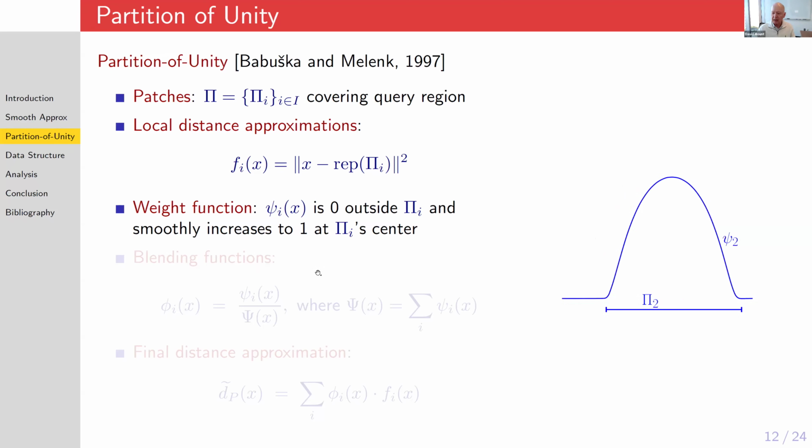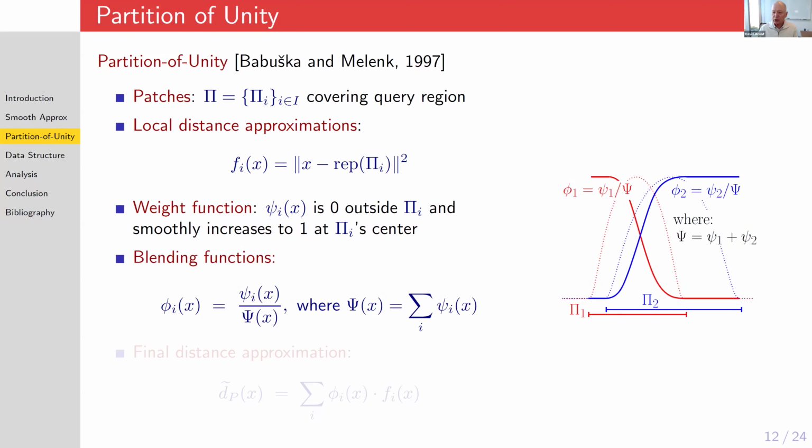Let's say I have another patch, pi 2. It's got its own weight function. And then what I'm going to do is blend between these patches, right? So the way I do that is I'm going to have a blending function phi, which I take my psi, and I normalize it by the total weight of all the blending functions. Now, the only blending functions that are going to contribute to the sum are going to be those patches that overlap my region.